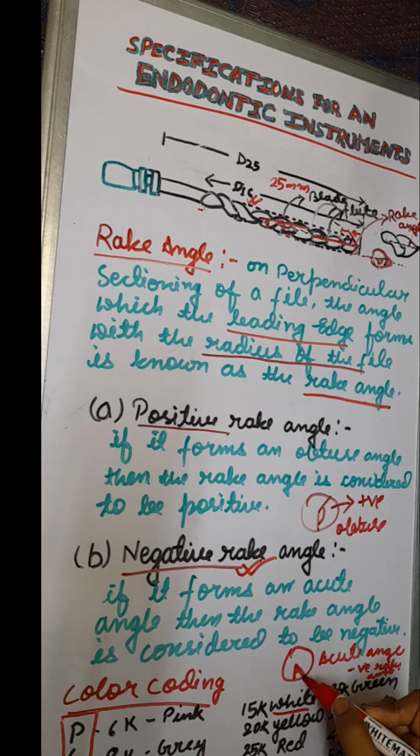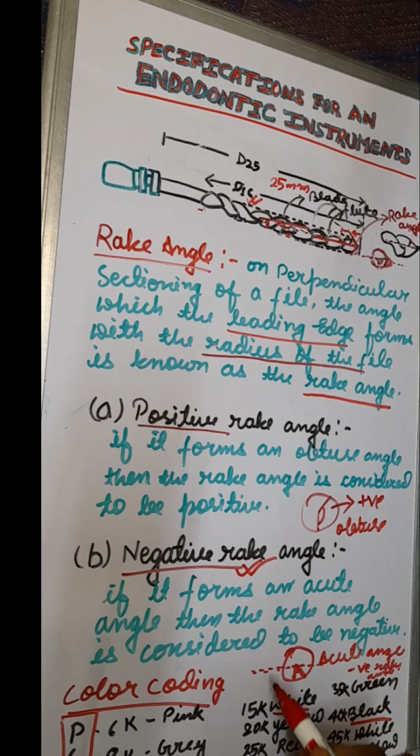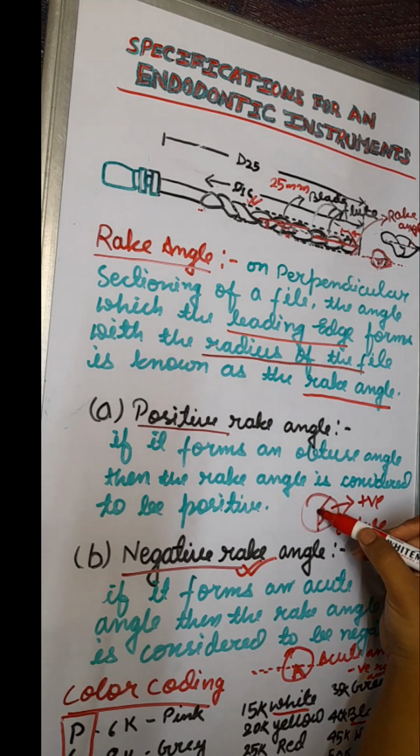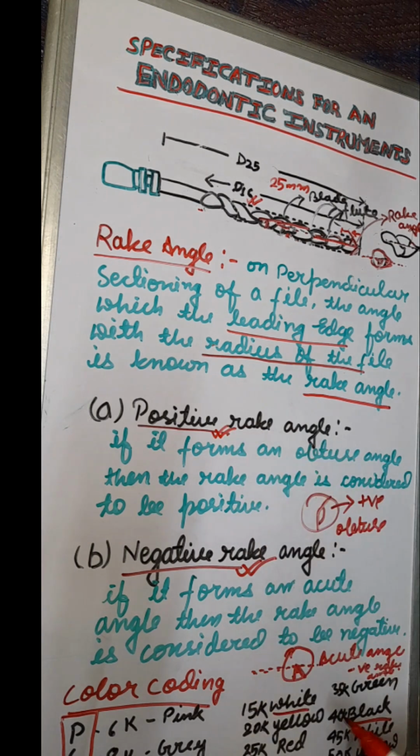Radius of the cross section of the file with the perpendicular sectioning of the instrument. Rake angle is the angle between the radius of the instrument with the long axis of the instrument. So, when the angle is greater than 90 degree, it is positive rake angle, and when the angle is less than the 90 degree or acute angle, then the rake angle is considered as negative.